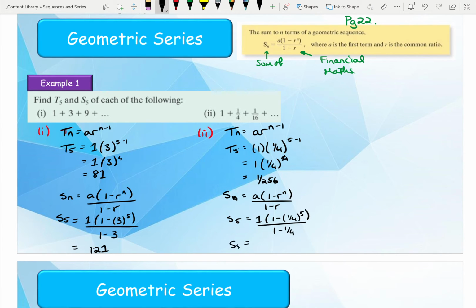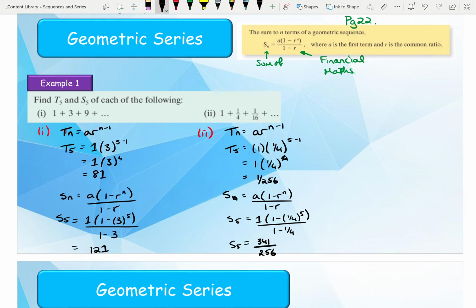So again, onto our calculators here, we're going to have fraction button, 1 by 1 minus, in brackets, 1 over 4 to the power of 5, close your bracket, all over 1 minus 1 over 4, which gives me 341 all over 256. And this is what the addition of the first 5 terms would give me.